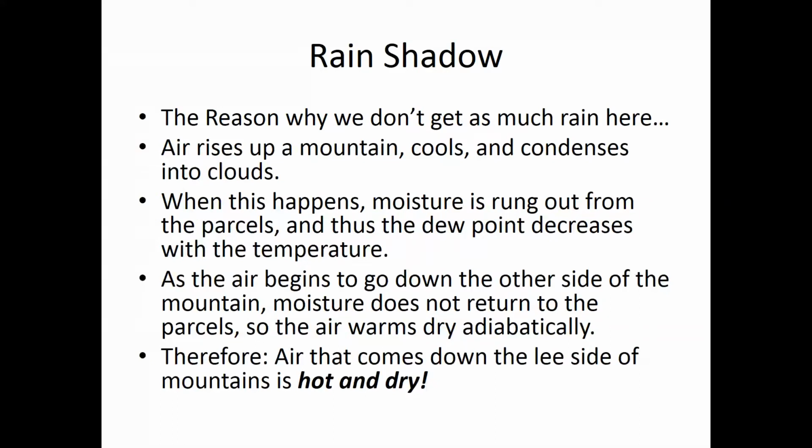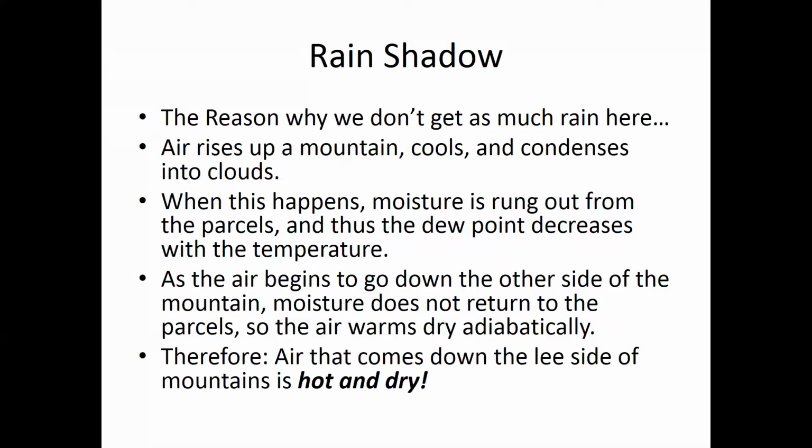As a result, by the time it comes down the other side of the mountain, called the leeward side, it's much drier air. Now this is important because this creates a situation where the air on the windward side near Santa Cruz is very moist. Therefore, there's a lot of clouds and a lot of rainfall.